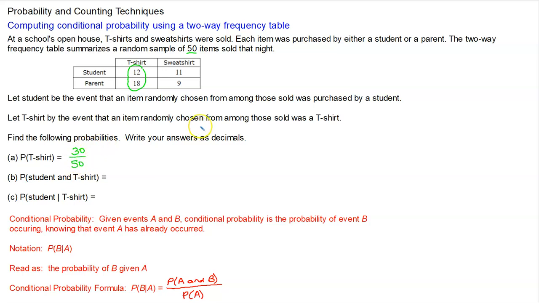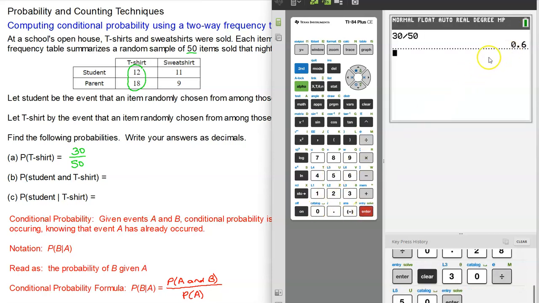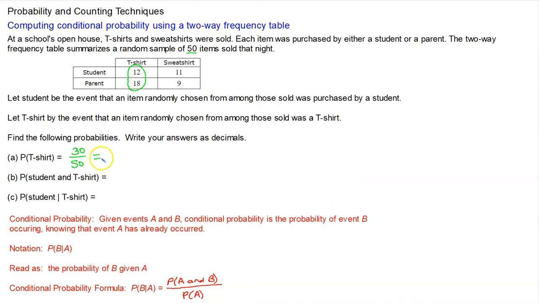And they want us to write our answer as a decimal, so we can grab a calculator for this. And 30 divided by 50 will be the decimal 0.6, or 6/10. Okay, so that's the probability that a t-shirt was the item that was randomly chosen.